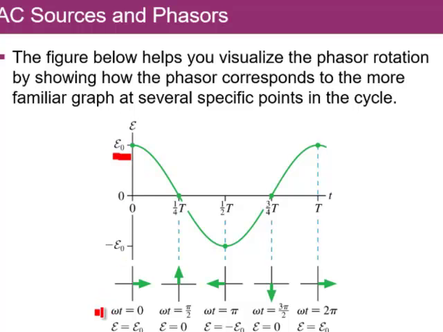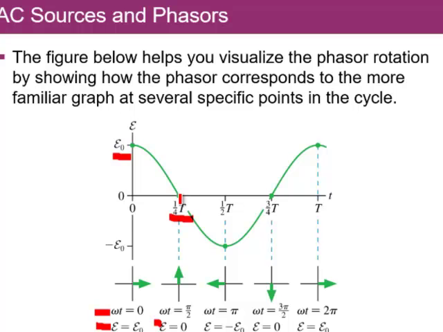The omega t is 0 at this time, and so E naught cosine omega t will be the maximum value, which will be E naught. If you wait a quarter of a period later, now omega t will be equal to pi over 2. If you go back to the definition of omega, you'll see why. But then the cosine of pi over 2 is 0, and therefore the EMF is going to be 0 at this stage. And so this is what we see here.